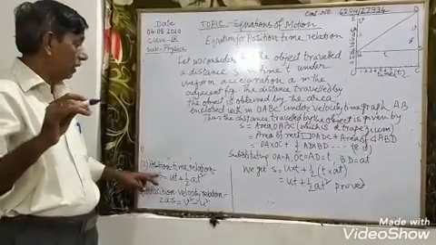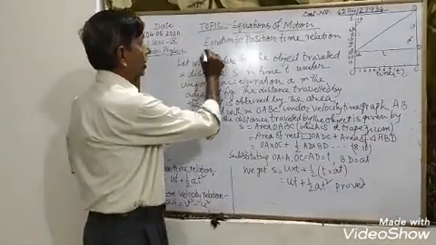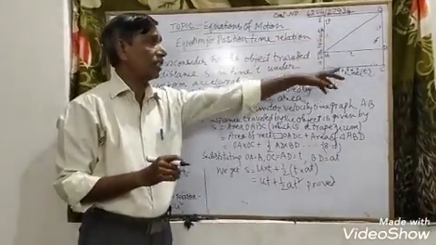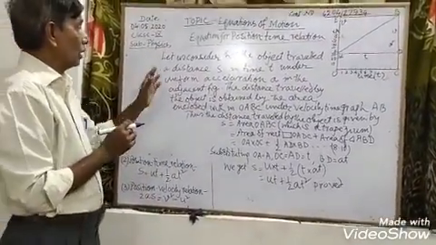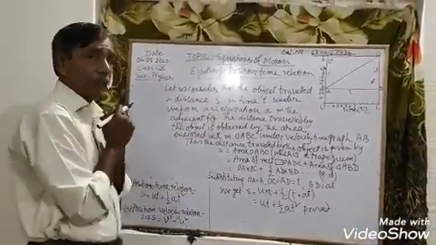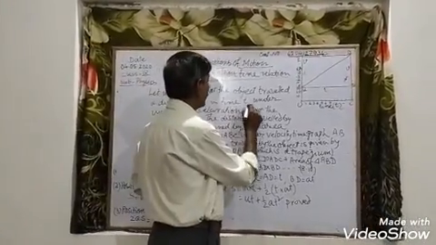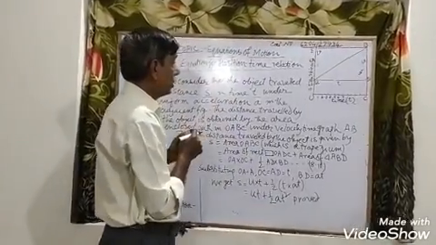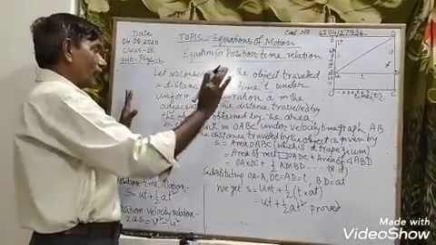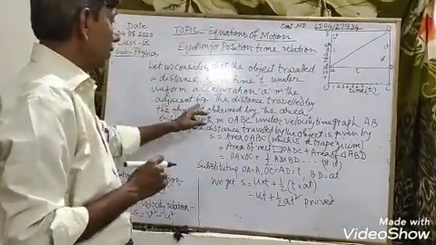Now the next equation is the position time relation. Just see this adjacent figure. Let us consider that the object travelled a distance s in time t under uniform acceleration a, as shown in the adjacent figure.